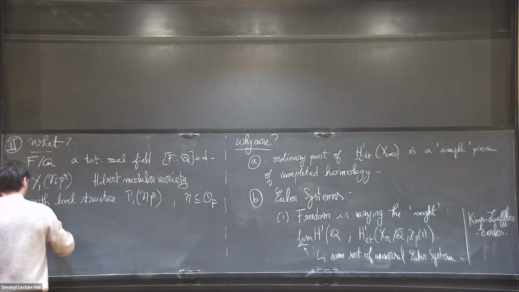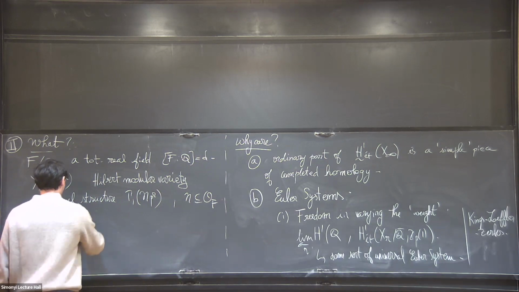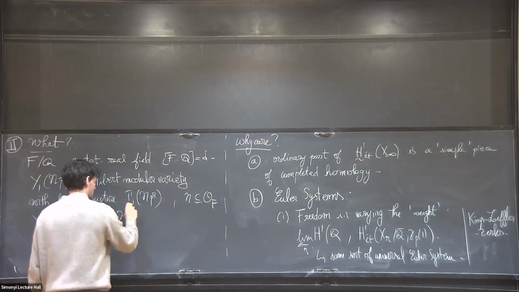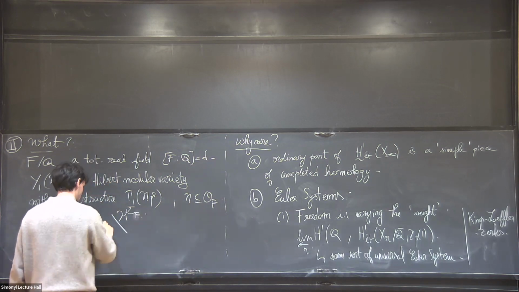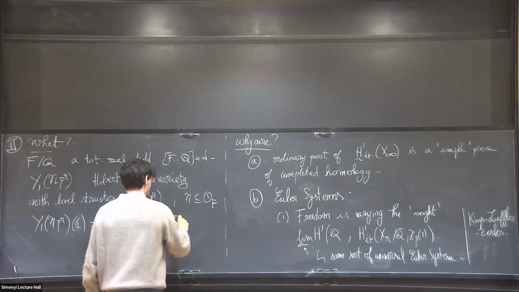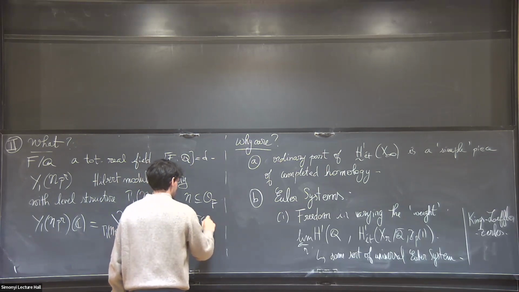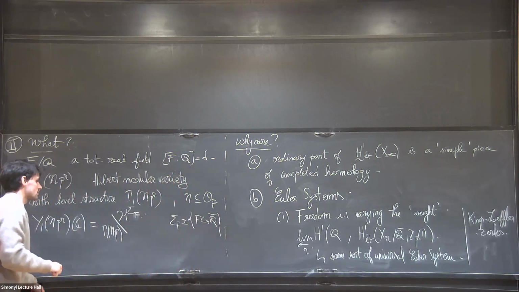So the complex points of Y1(n, p^r) are H^{Σ_F} over Γ1(n p^r), where Σ_F is the set of embeddings of F into Q-bar.